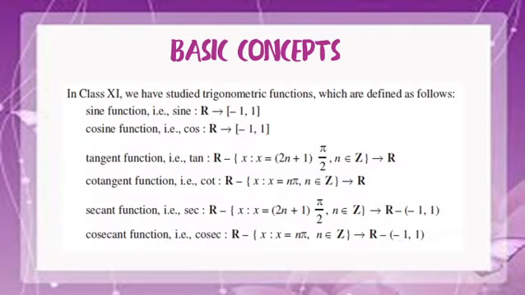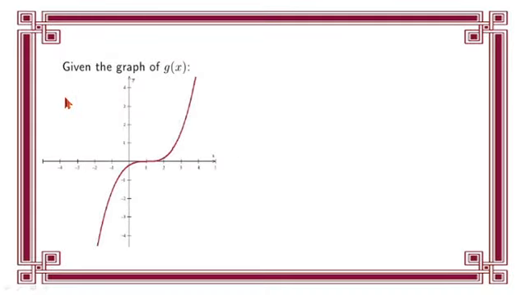In class 11th, we have already studied what is the meaning of trigonometric functions and how they are defined. So these are the 6 trigonometric functions with their domain and range. I hope you know these domains and ranges. Now let's understand one thing before we start the main concept.